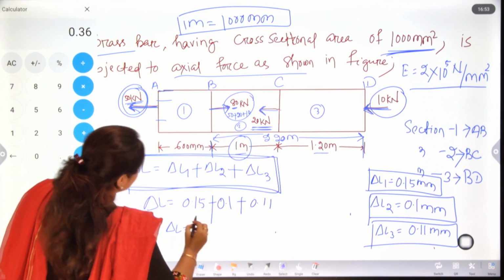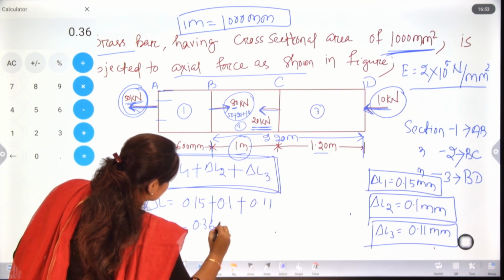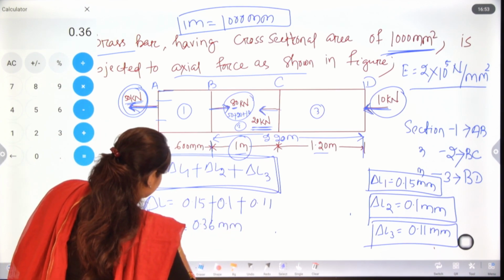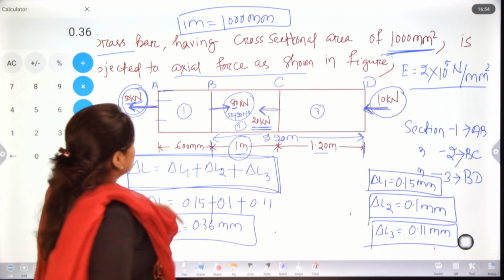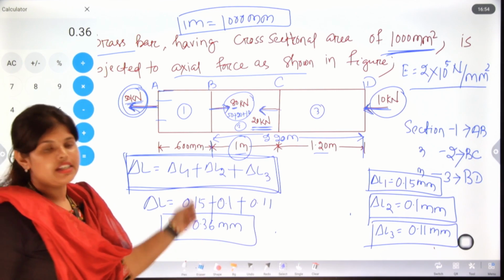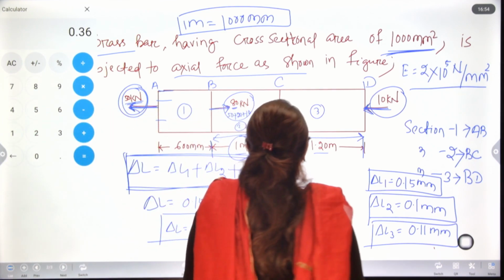So, our total deformation is 0.36 mm. That is our total elongation of this ABCD brass bar.